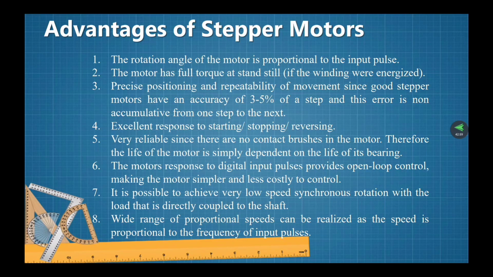A wide range of speeds can be realized as the speed is proportional to the frequency of the input pulses. So the torque capacity and power requirement can be optimized, and the response can be controlled by electronic switching. And because of the incremental nature of the command and motion, stepper motors are easily adaptable to digital control applications.